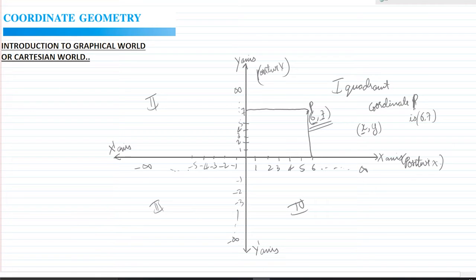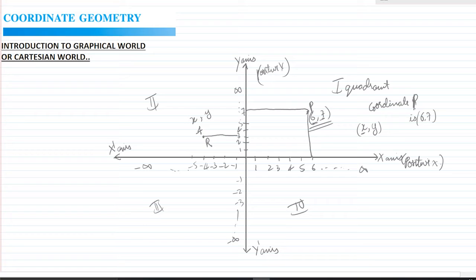In the same way we'll take this point here and name it R. What are its coordinates? First, always take the x-axis. Here we are getting negative, so minus 4 is our x. And what's our y?